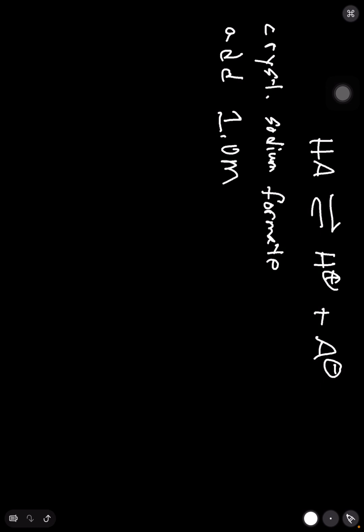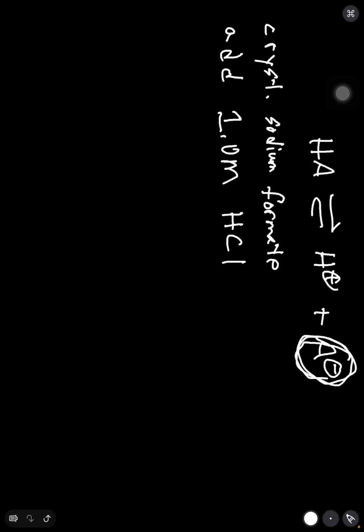I haven't practiced this one yet, so hopefully this doesn't give ridiculous numbers. All right, so we're going to start off with sodium formate, which means everything's going to be in this form at the beginning, and then we're going to add HCl, which means we're adding H+, so we're shifting the equilibrium over to the left side.